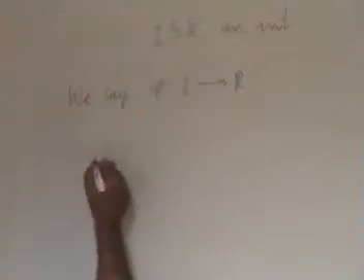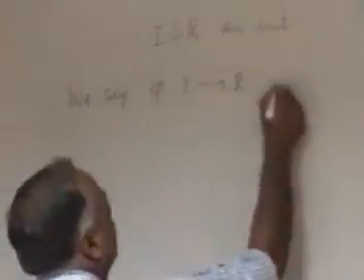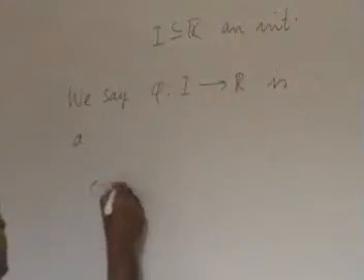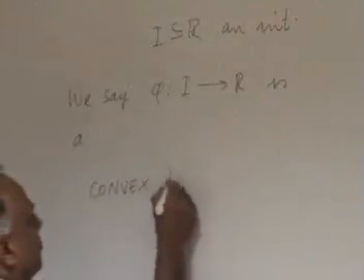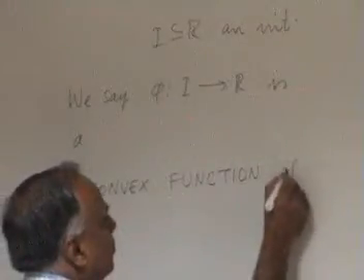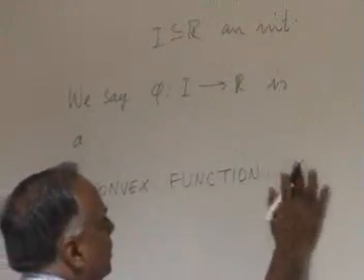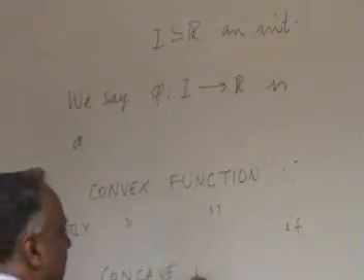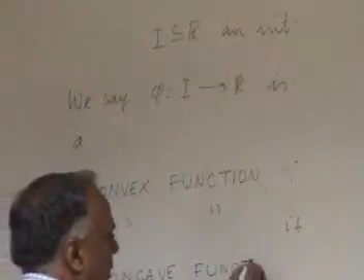We say phi is a convex function, I will write many things: strictly convex function, concave function, and strictly concave function.